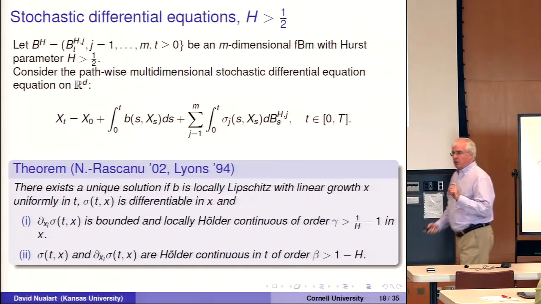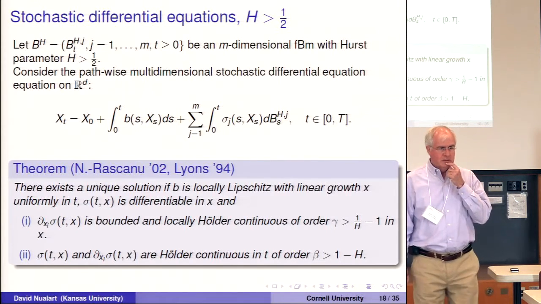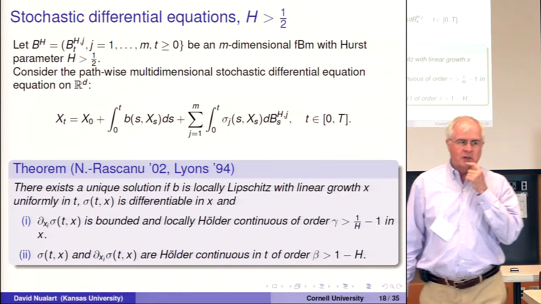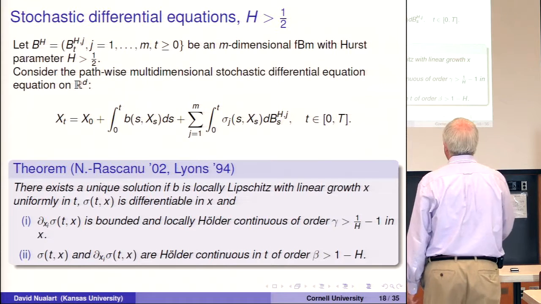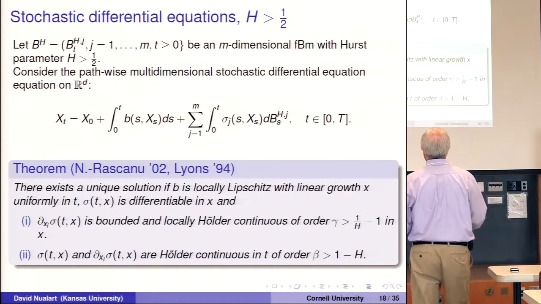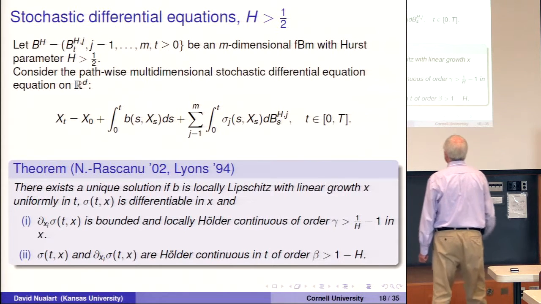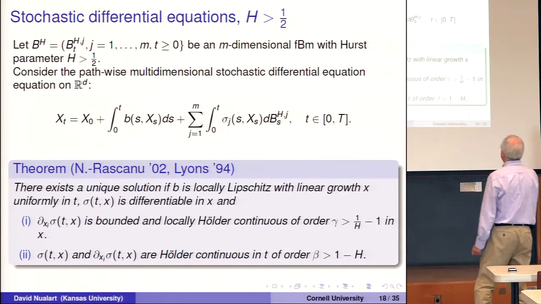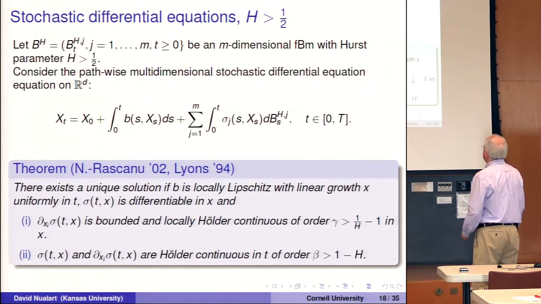So you need some Holder continuity on the derivative to have existence and uniqueness of the solution. Similar conditions hold for the drift, and the second condition is just dependence on time. The important condition is this one, which is for X. So that's the main result.